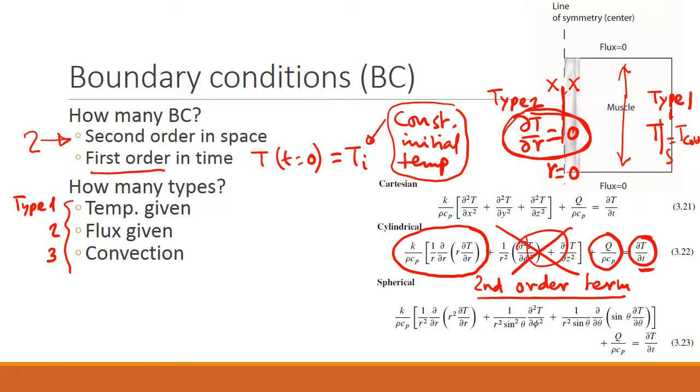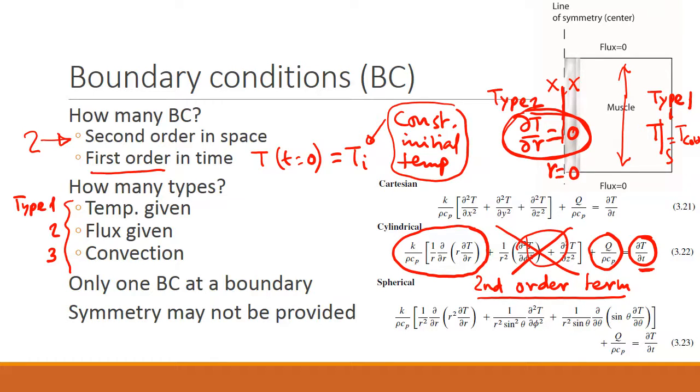So we can use only two. We cannot use more boundary conditions for R. The thing to remember is only one boundary condition at a boundary. You cannot have this and T equal to some value at this point. That is not allowed. Only one boundary condition.